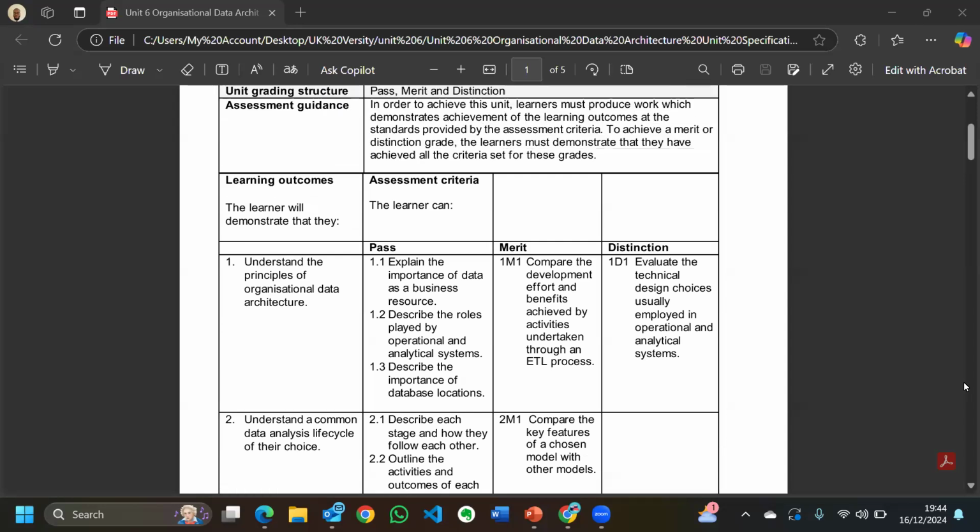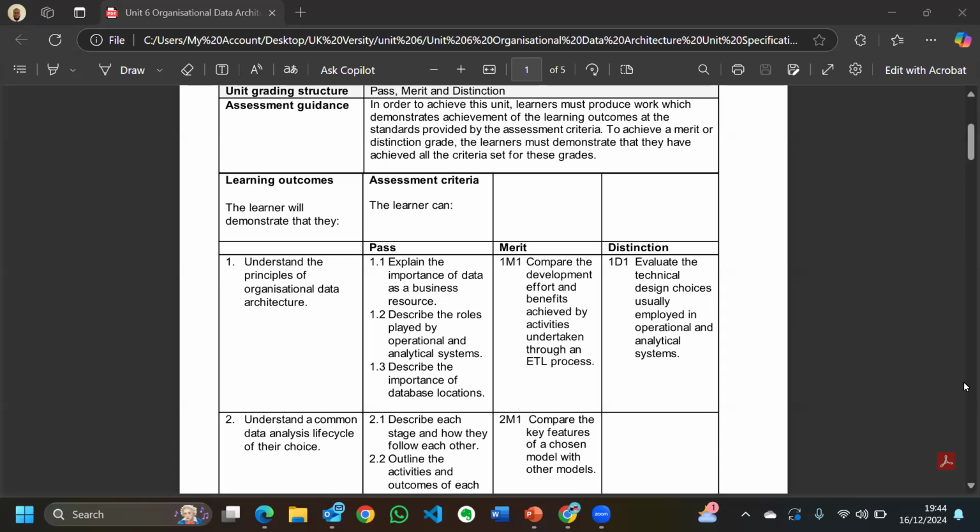In our previous tutorial, we introduced the principles of organizational data architecture, and we covered the importance of data as a business resource. We described the role played by operational and analytical systems, and we also described the importance of database locations.